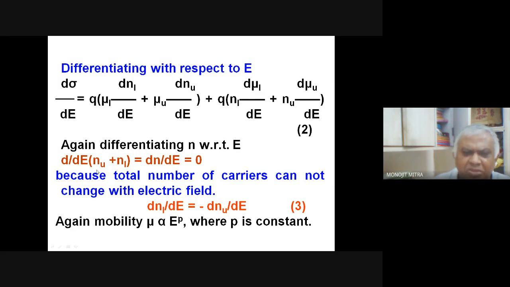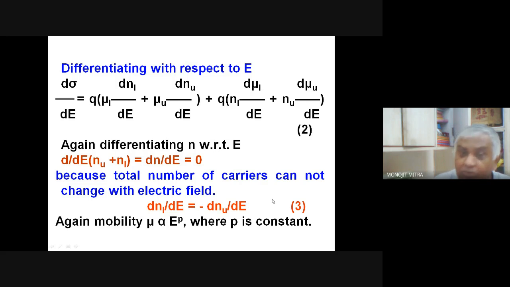But anyhow, dn by dE is 0, so we can write dnl by dE equal to minus dnu by dE. And that is your equation number 3, and that equation 3 we will utilize in the next part of our derivation.